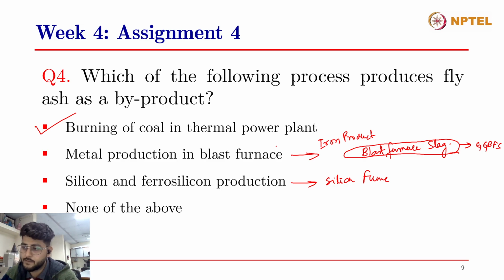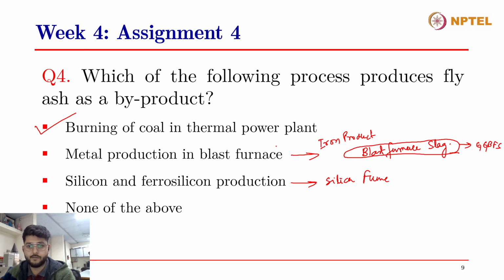When this coal is burned at high temperatures, it turns into ash, and the ash that is collected in the gaseous fumes coming from the furnace is again passed through an electrostatic precipitator, and that leads to the formation of fly ash, while the ash that is collected at the bottom of the furnace is known as bottom ash.